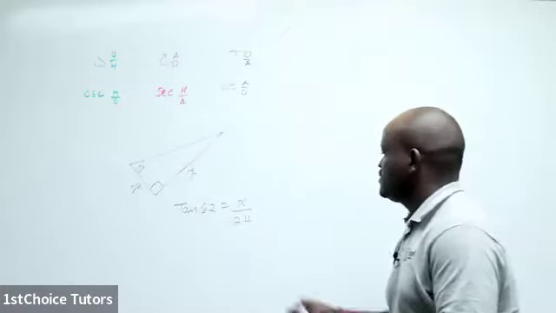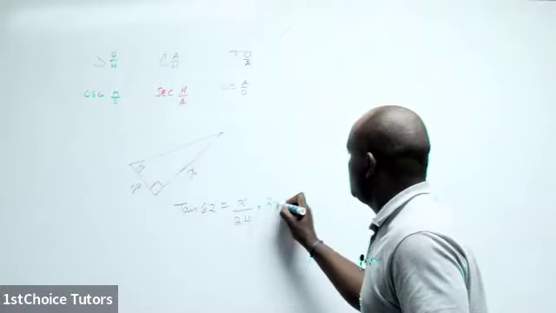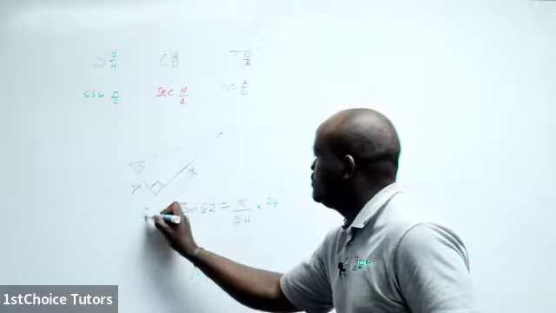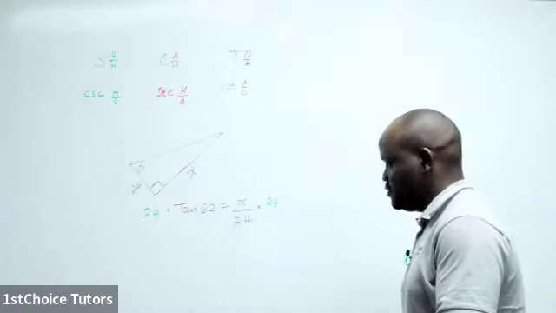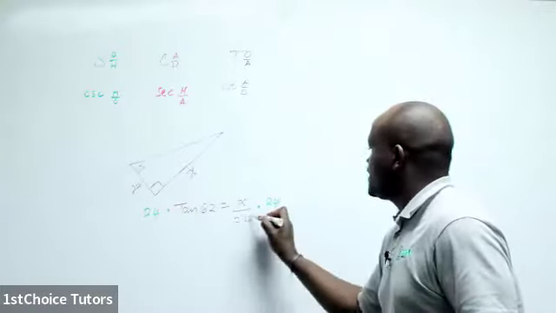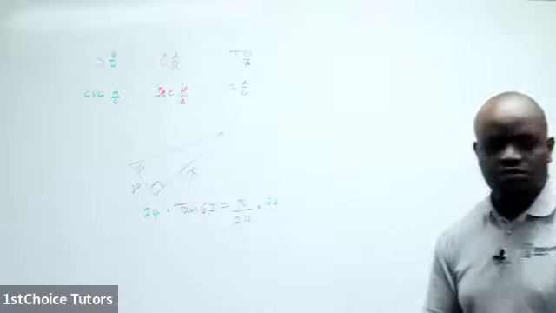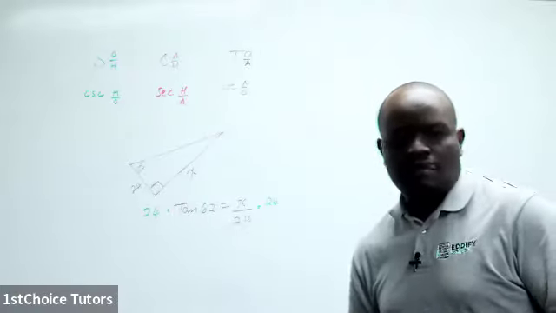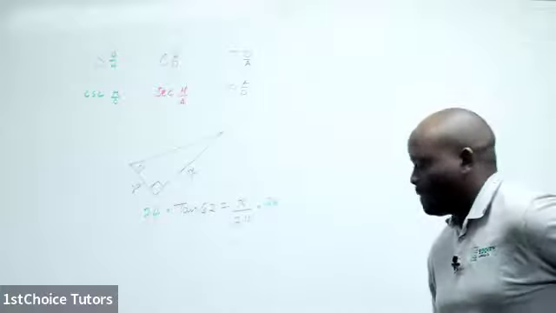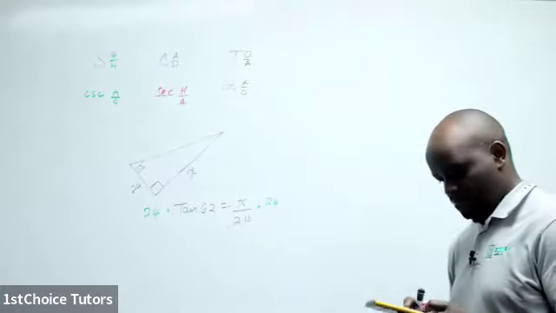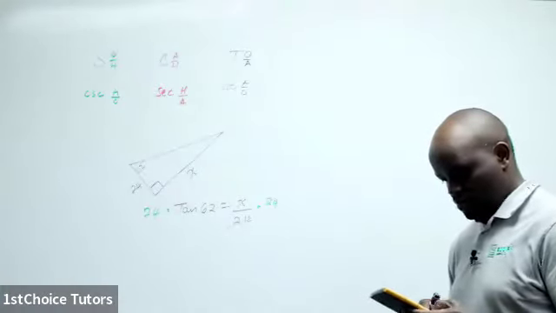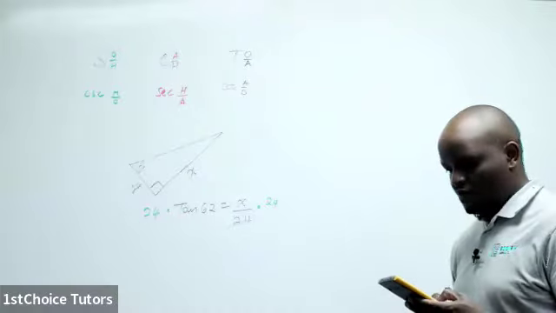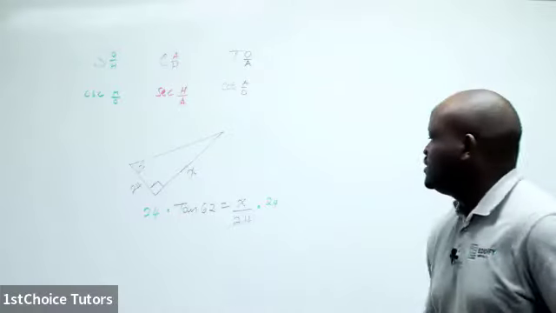And then cross them out. But you have to do to the other side what you do to this side. So 24 times tangent 62 equals that. Very nicely done. Finish it. 45.13 to the nearest tenth, 45.1. Very good job.